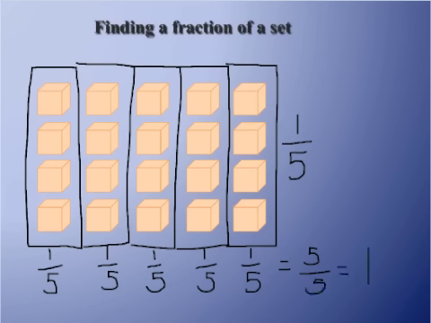I can then count the number of cubes within each group. I know that there are 4 cubes in each group, and when added together they make my total of 20.